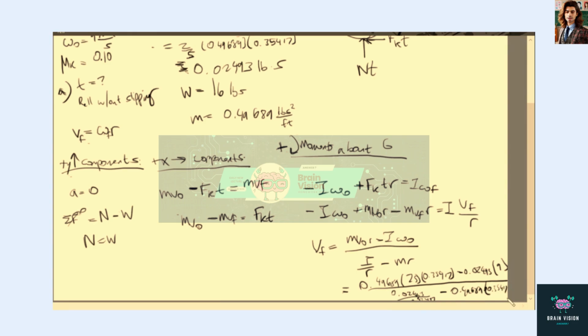So let's do that real quickly. 0.02493 times 9 over 0.02493 divided by 0.357.